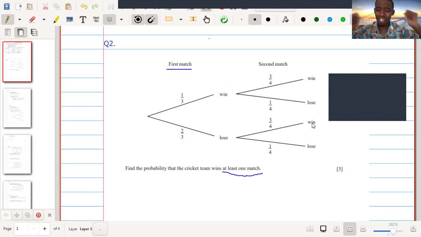Or simply you can do the one for losing, and then you take 1 minus the probability of losing, and you get your answer. You can take 1 minus the probability of losing, lose.